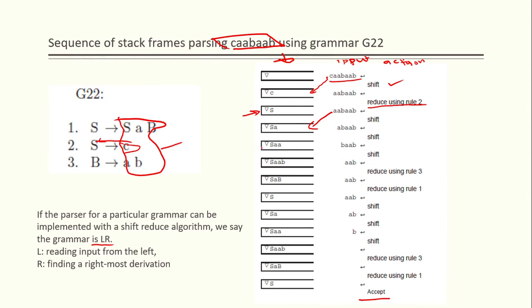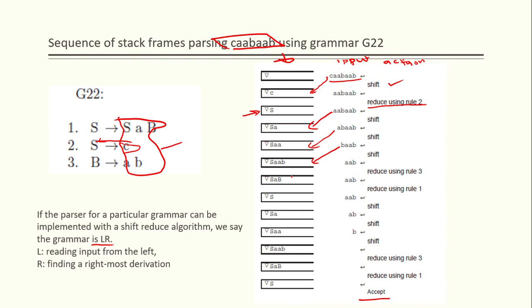The one in your stack is SA. Now you check the right-hand side of your grammar, is there any SA? No. If no, you need to shift again another input, becoming SAA. So check if there is any SAA or A or AA inside the right-hand side of your grammar. No. If no, then you need to shift another input into your stack.